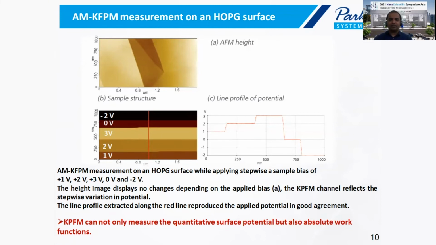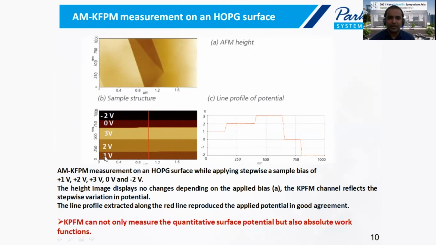Now, applying this bias doesn't really display any change in the height image, but as you change this sample bias, the change in the sample bias or the surface potential gets reflected in your KPM channel itself, and it reveals how the sample bias was changed and what the sample potential is at every point or at every pixel of that image.